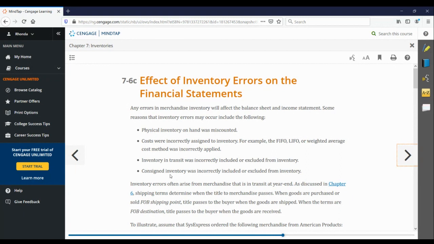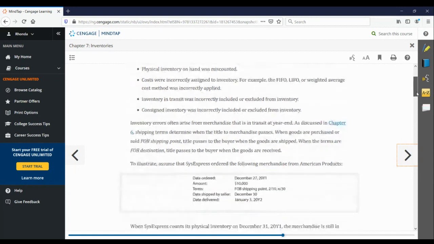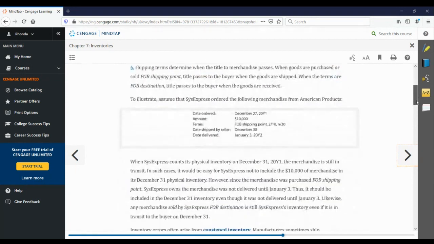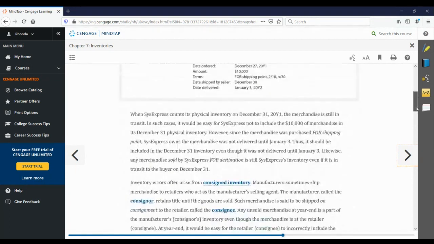Also, something that we have not talked about would be consigned inventory. What consigned inventory is, sometimes the manufacturer might decide that they don't want to have the responsibility of selling the merchandise.